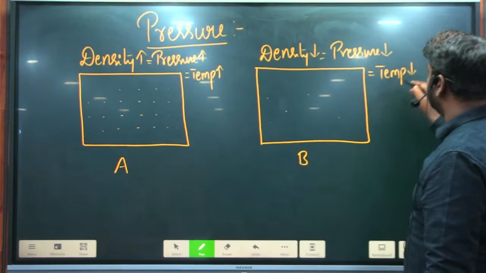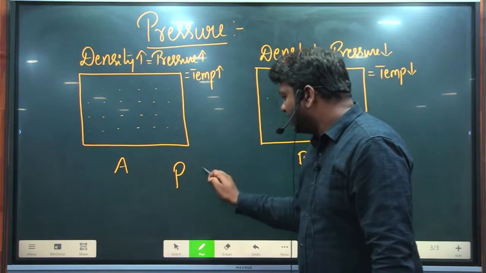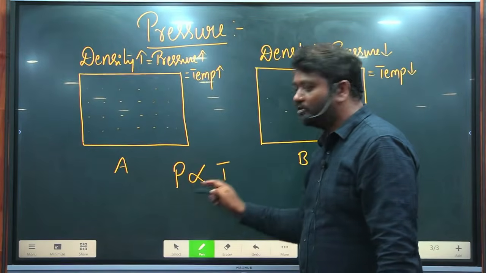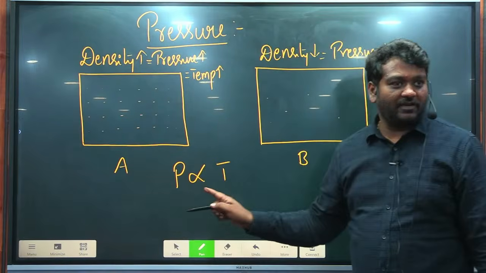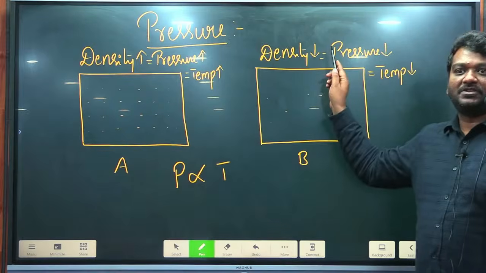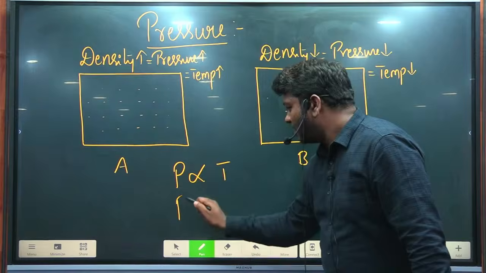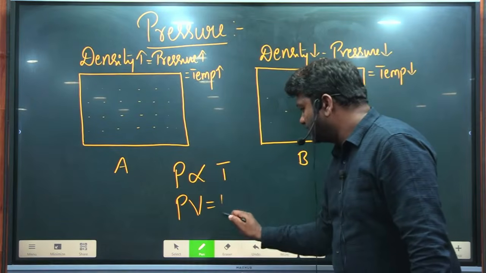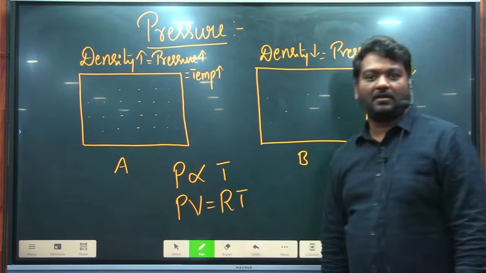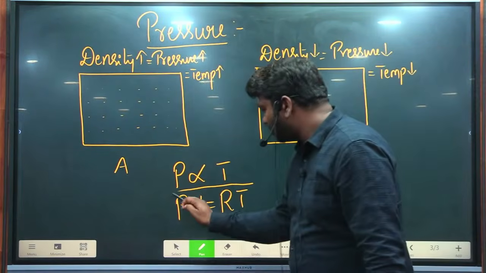Temperature decreases. Now let me ask you, pressure, is it directly proportional to temperature? Everyone, see here, high pressure leads to high temperature, low pressure leads to low temperature. So, we say PV is equal to RT. Is this clear? This is the first basic concept.